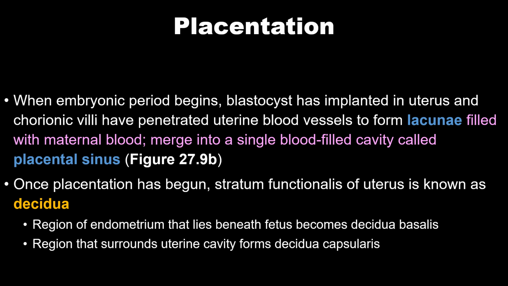Eventually, these lacunae merge into a single blood-filled cavity called the placental sinus, and once placentation has begun, the stratum functionalis of the uterus is known as the decidua. So the region of the endometrium that lies beneath the fetus becomes the decidua basalis, and the region that surrounds the uterine cavity forms the decidua capsularis.